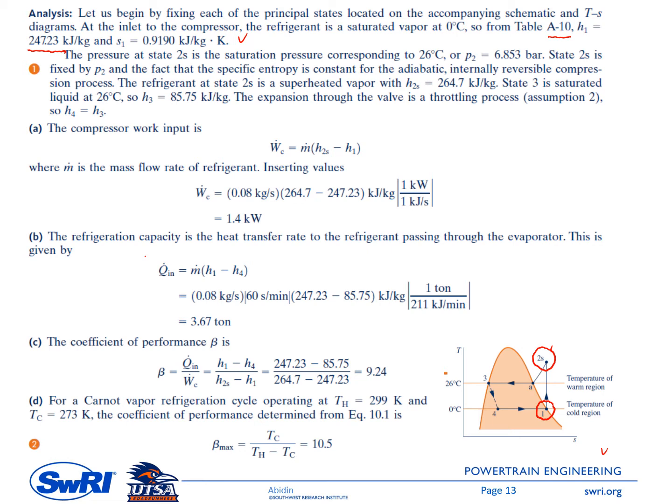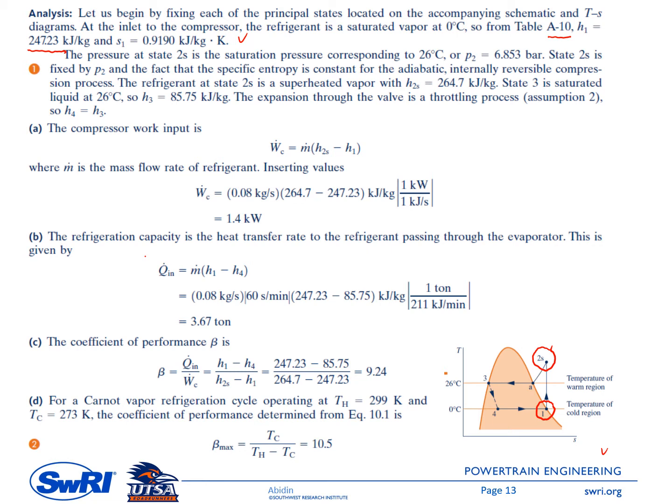Why? The process between point 2s and point 3 is a constant pressure process. The temperature at point 3 is given, 26 degrees C. So you need to look at the saturated pressure at 26 degrees C.